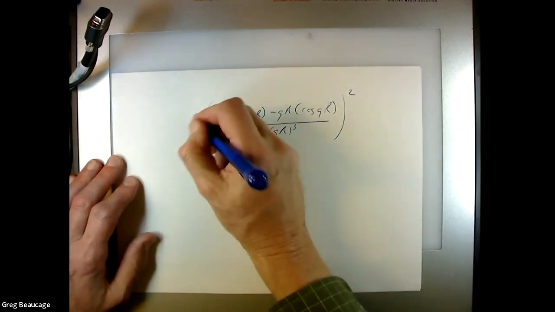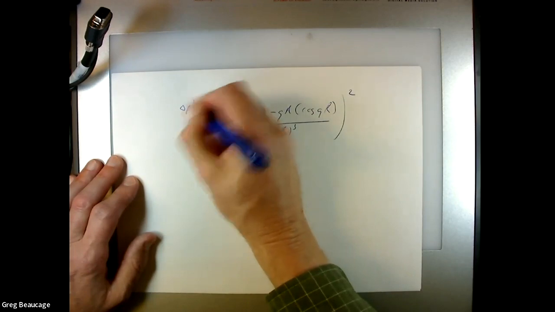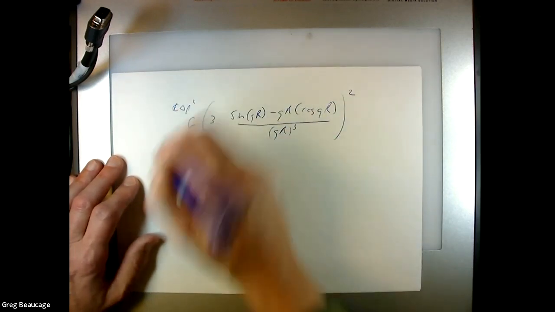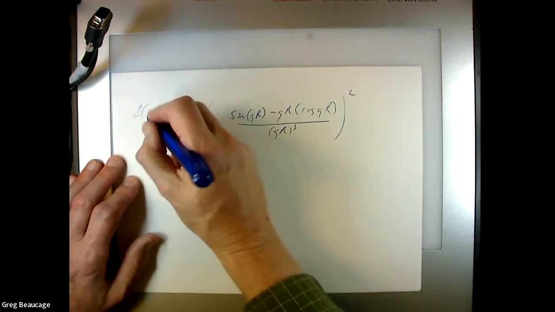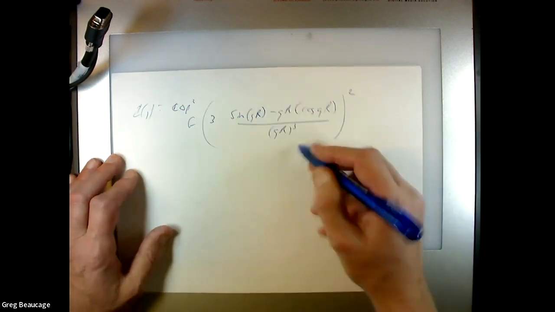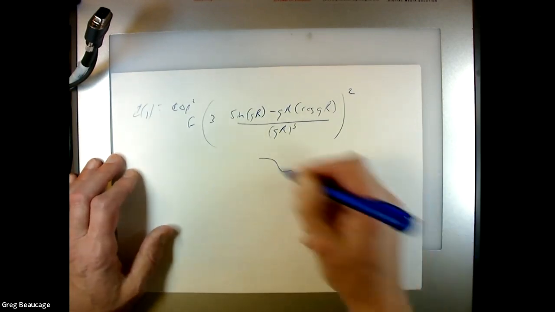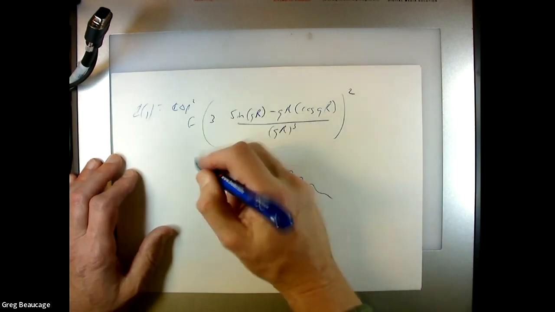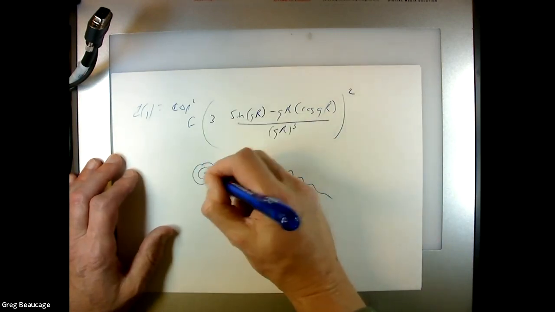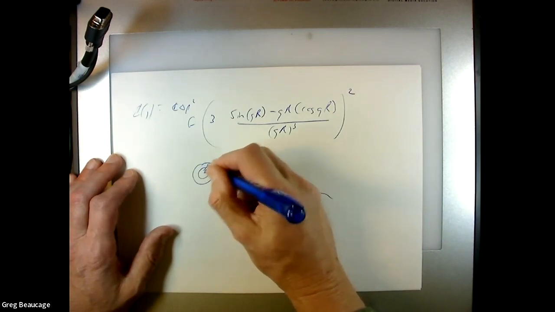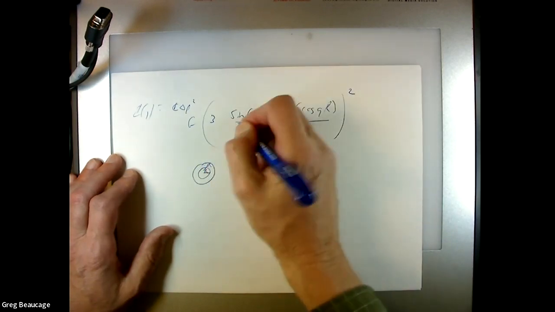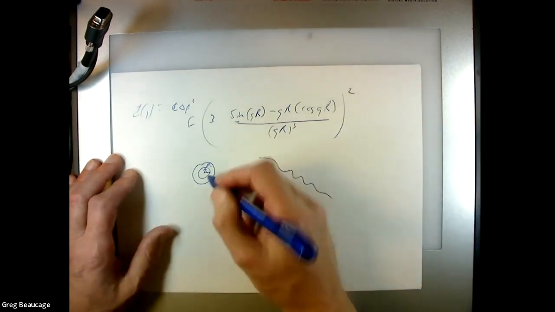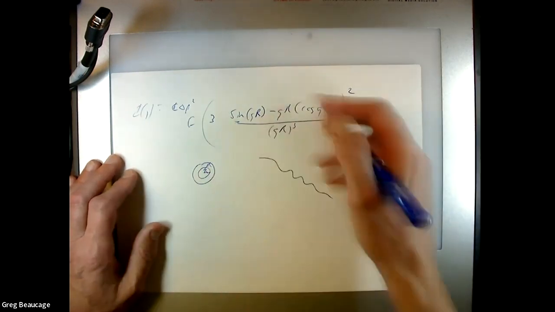Then there's some contrast factor, delta rho squared times the concentration, basically this intensity. If you have a core and shell, there's an inner radius and an outer radius. You take one of these functions minus the other function, and that kind of gives you a core and shell. It's a little bit more than that.